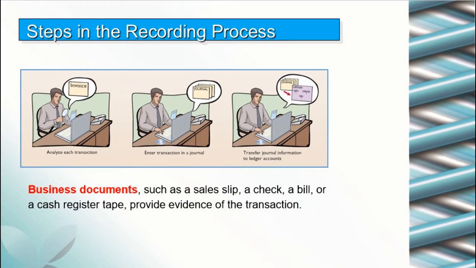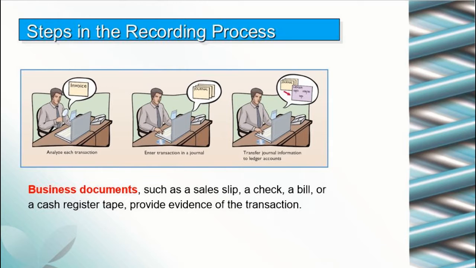The recording process begins with the transaction. Business documents such as a sales slip, a check, a bill, or a cash register tape provide evidence of the transaction. The company analyzes the evidence to determine the transaction's effect on a specific account.